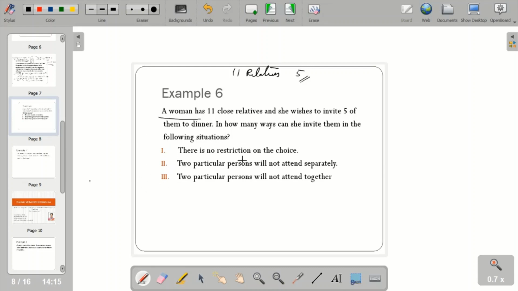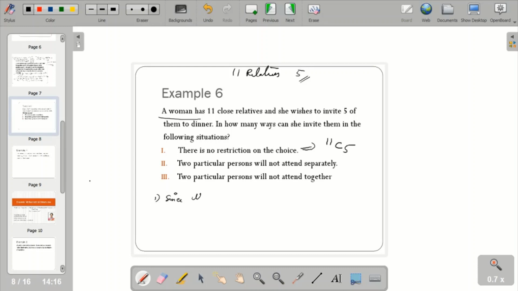First, there is no restriction on the choice. She can choose any 5 relatives out of 11, so the solution is 11C5.